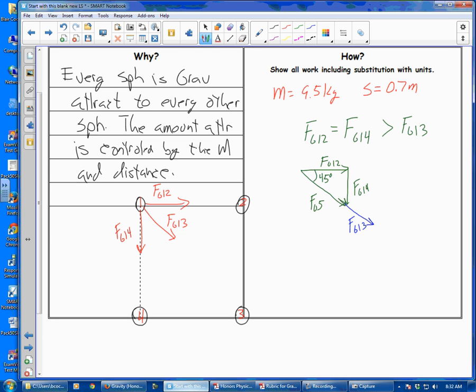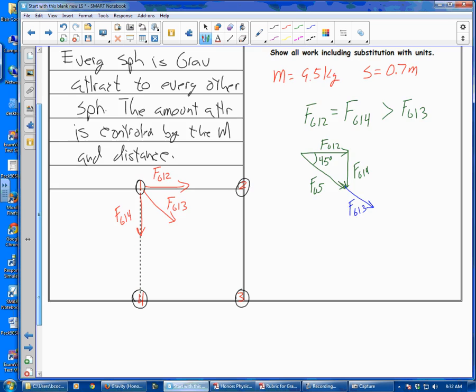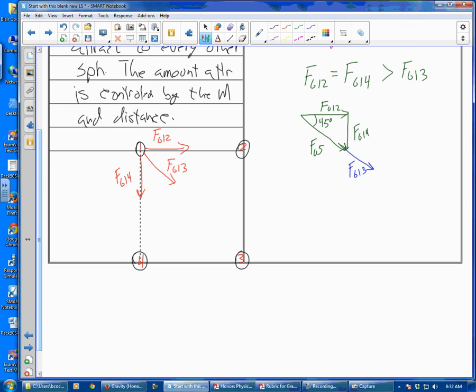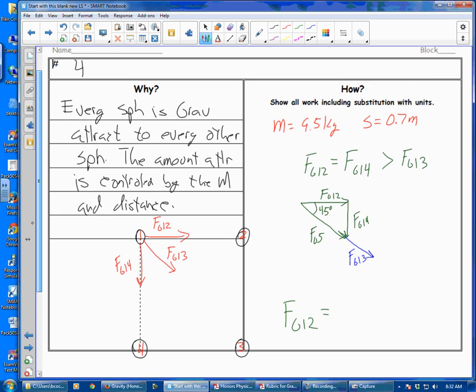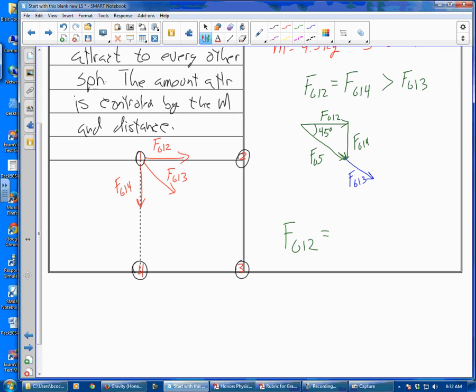So, figure out how big these forces are. So FG12, I'm using my one that we're pretty used to by this point. I'm going to write it over here. F sub G is big G, M1, M2 over R squared.